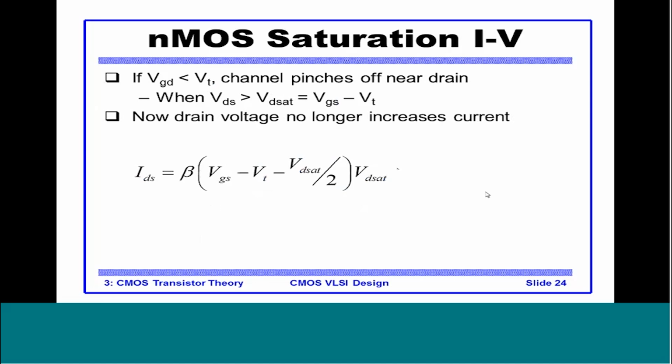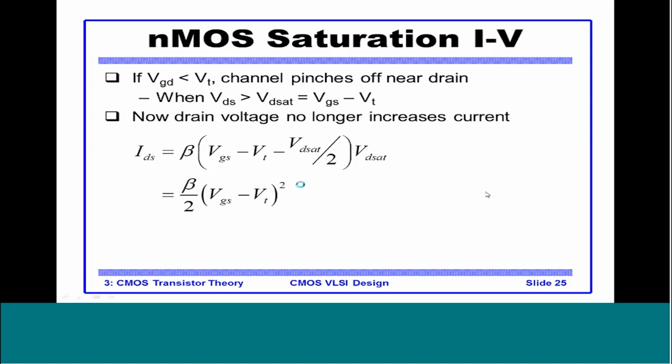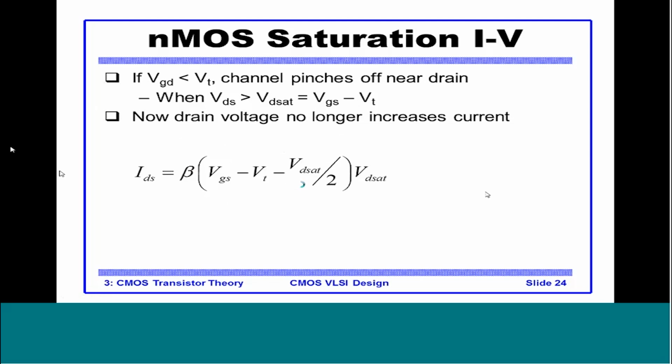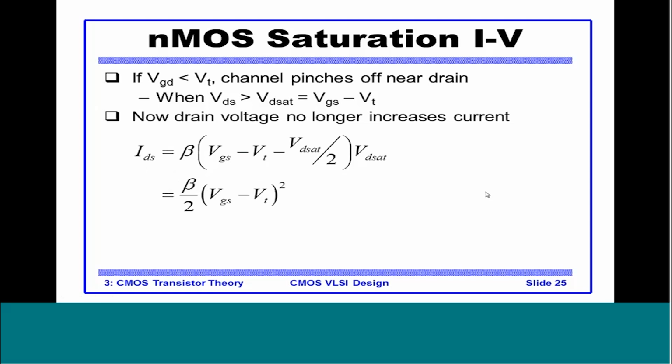So IDS in the linear case was this. What we do is replace VD by the value of VD sat, which is VGS minus VT, and rearrange the equation. After rearranging, the result is that IDS is beta by 2 times VGS minus VT squared. So we see that there is a square relationship of voltage on IDS in saturation.